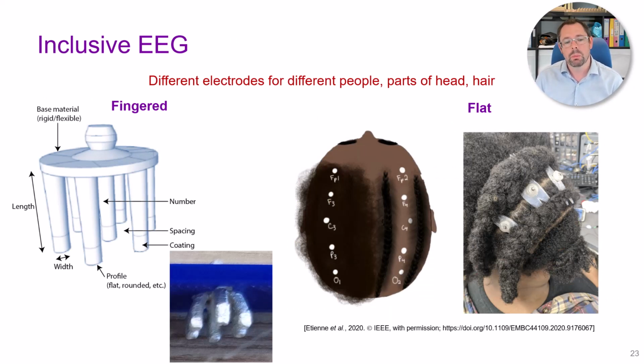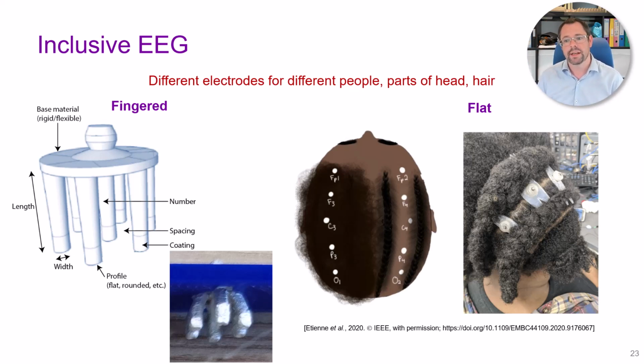So in my lab, we've looked at personalised electrodes. Can we take some of those fingered, dry electrodes that we saw previously, but have different numbers of fingers, different length fingers, different shapes, to try and get the best connection through the different types of hair that different people have?